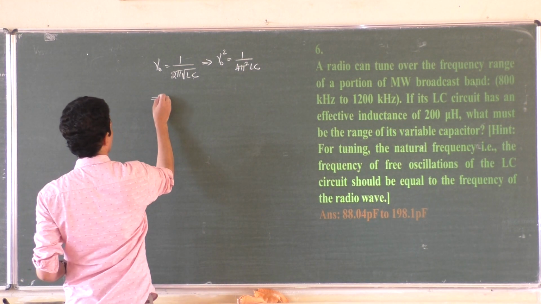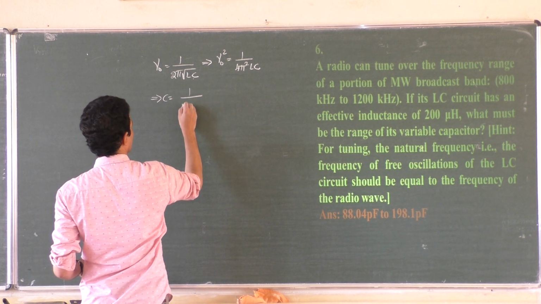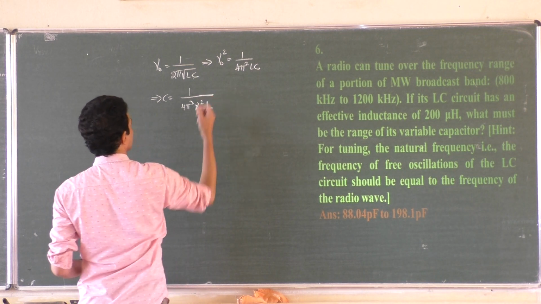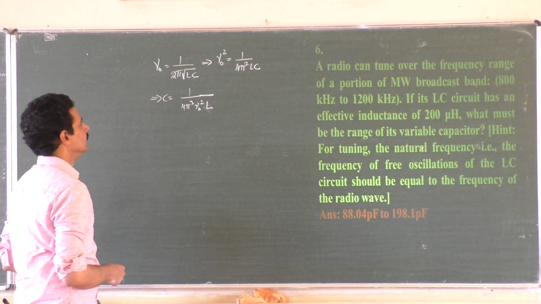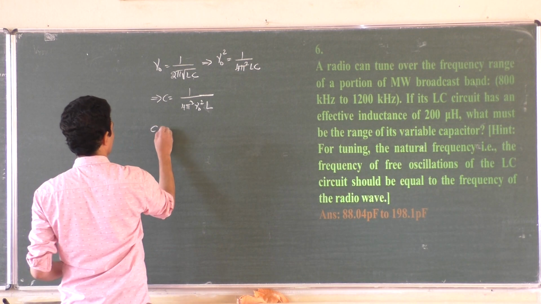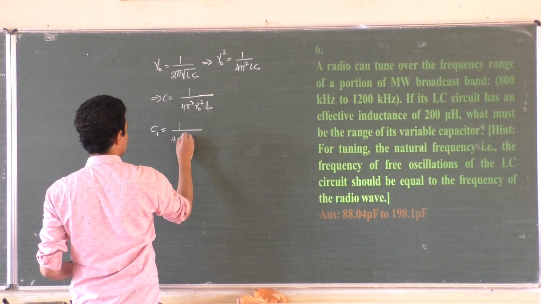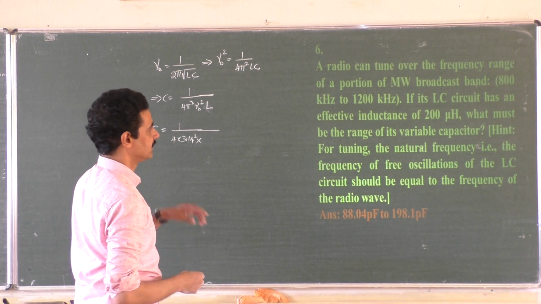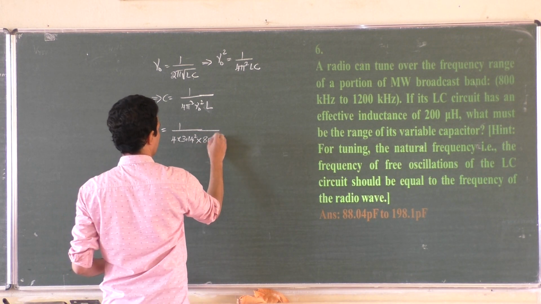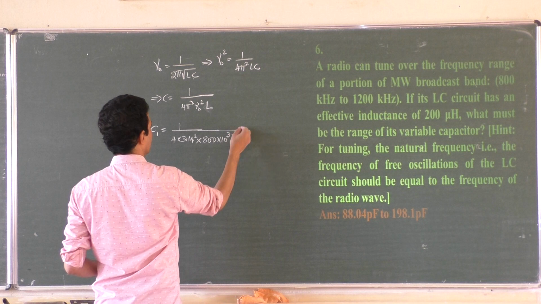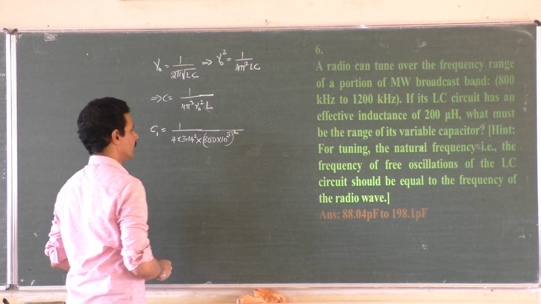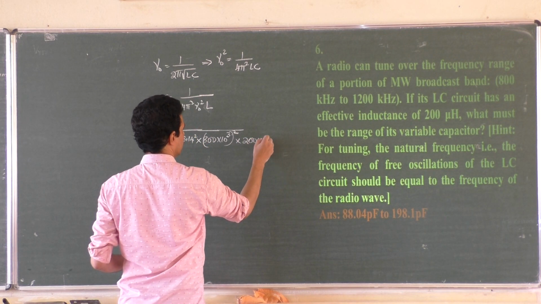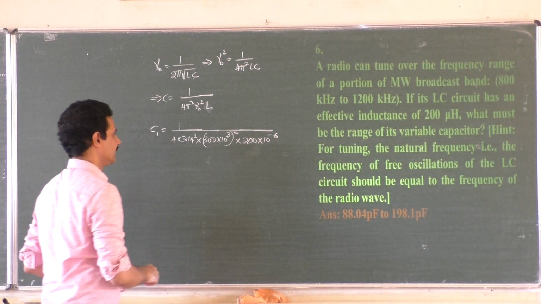That implies C is equal to 1 by 4 pi square nu naught square L. Now C1 is 1 by 4 pi square nu naught square L. What is nu naught? That is 800 kilohertz, we want to receive 800 kilohertz. L is the same, that is 200 microhenry. No square for L because it was inside the square root.